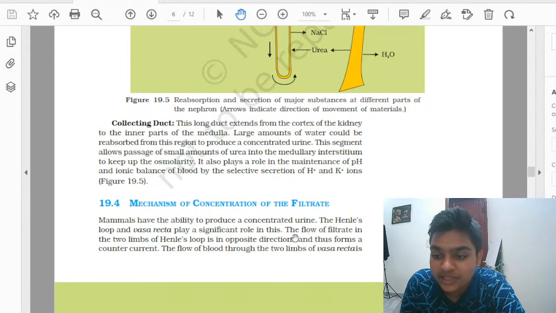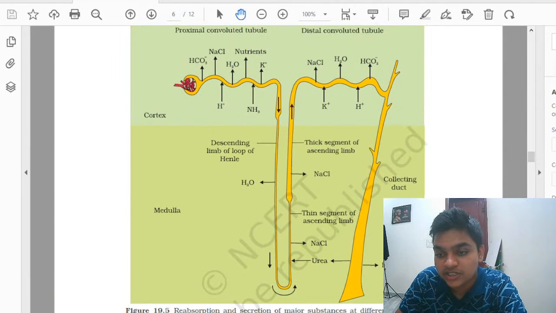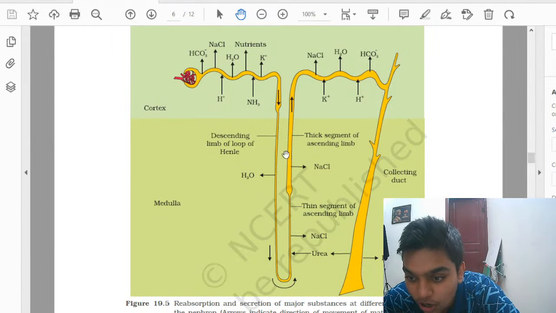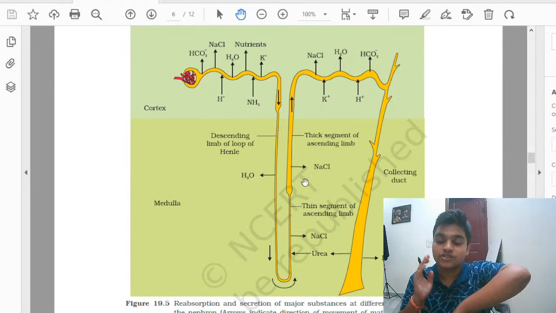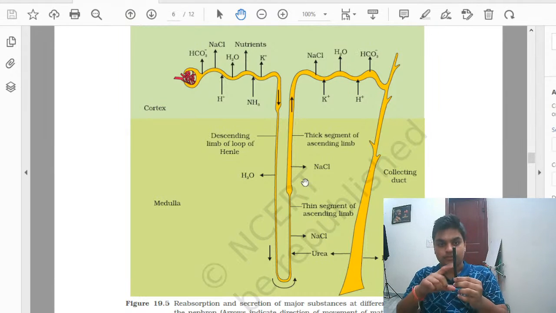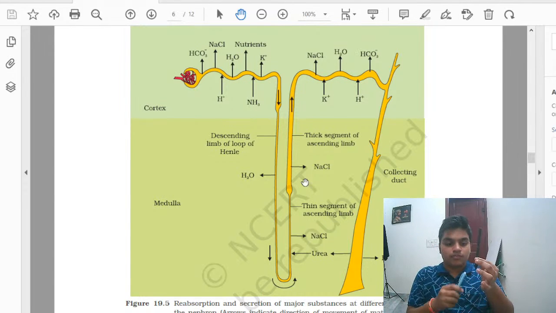See this. The flow of filtrate in the two limbs of Henle's loop is in opposite directions. This is obvious. See here, this is your descending limb, the flow of urine here is downwards, and this is your ascending limb, upwards. Like the cap of this pen is here and the cap of this pen is there.